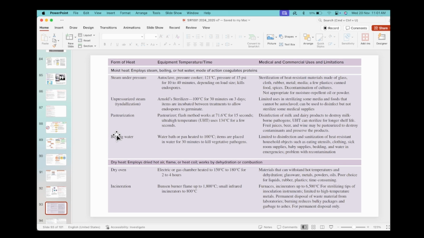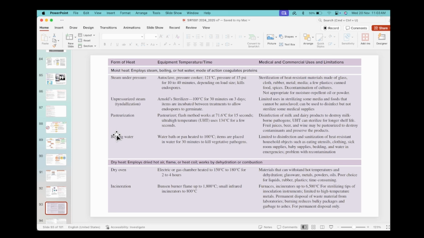For dry heat, we have dry oven. An oven at 150 to 180 degrees for 2 to 4 hours. So we usually use a hot air oven for glassware. For incineration, we don't usually use it other than for your loop.